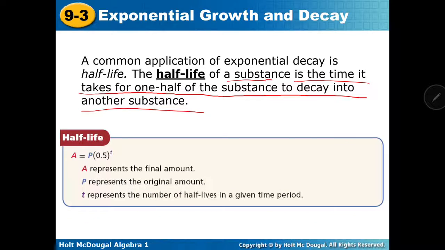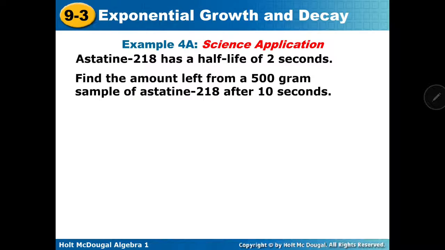It depends on the material, and I have one form of the equation: A equals P, the principal, multiplied by 0.5 all power T. Here the r is one quantity, it is always 0.5. Let's take a question.